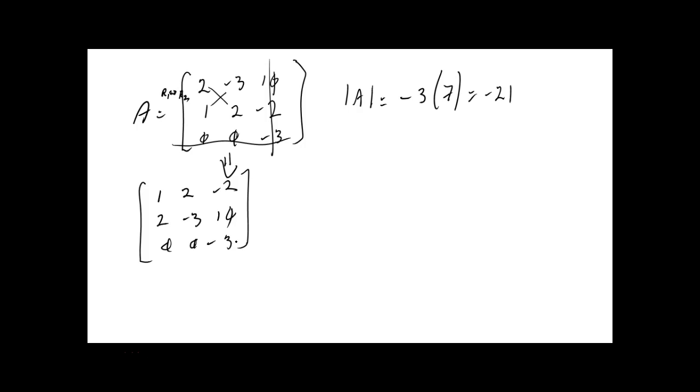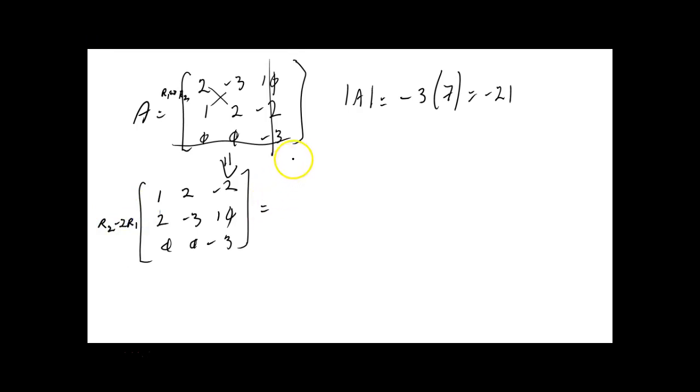Okay? Now, what's the next thing you want to do? Get a 0 below that 1, and how do you get that to happen? Negative 2 times row 1 plus row 2. Yeah. So I'm going to do row 2 minus 2 row 1. All right.